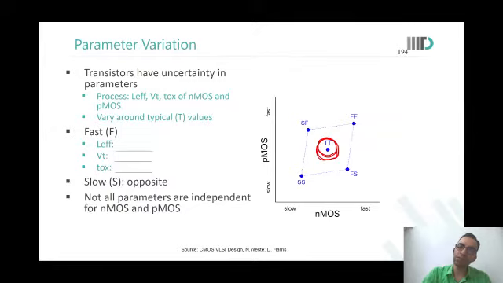But then when I was, let us say, doping for the NMOS, it happened in such a way that my device on the NMOS side would go towards fast. So this dot started to move towards the right.